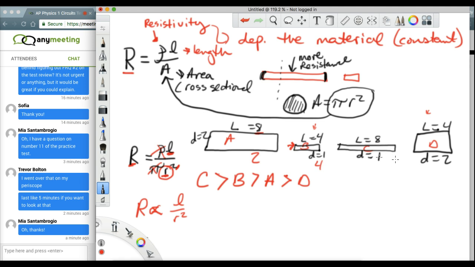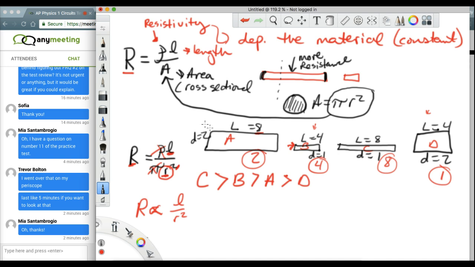Then 8 divided by 1 squared, which is 8. And then 4 divided by 2 squared, which would be 1. Then I can see that C is the greatest, B is the next greatest, A is the next greatest, and D is the least.